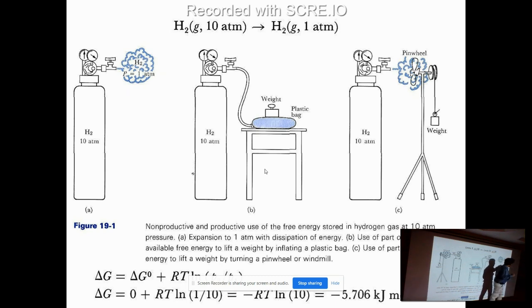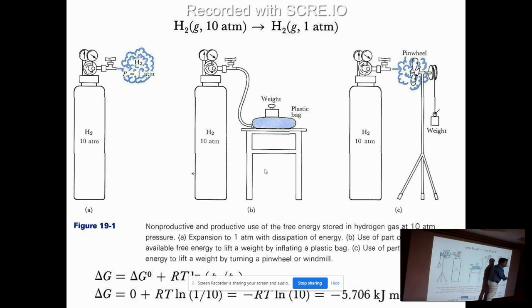Now, let's assume I have just opened the valve. What will happen? What will happen if I open the valve of that cylinder? Whatever hydrogen which is at 10 atmospheres will release out. So, what is the hydrogen now outside? Outside is 1 atmosphere.